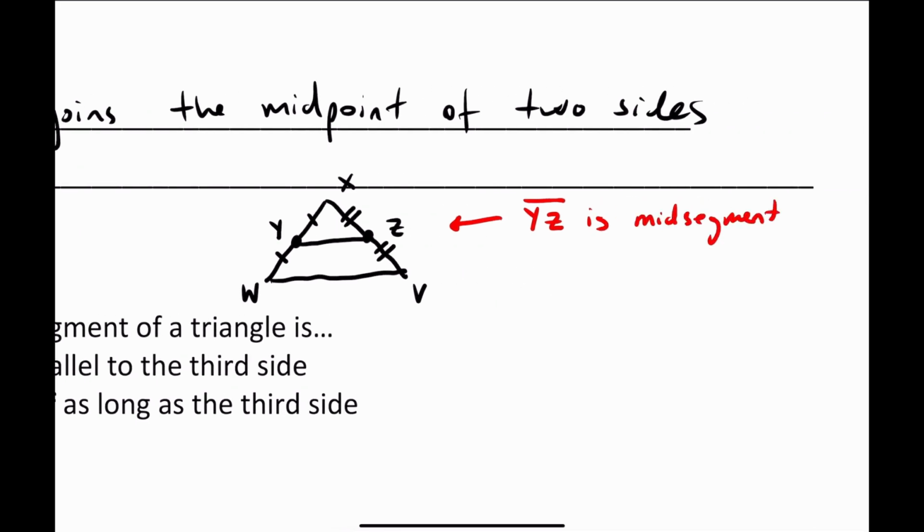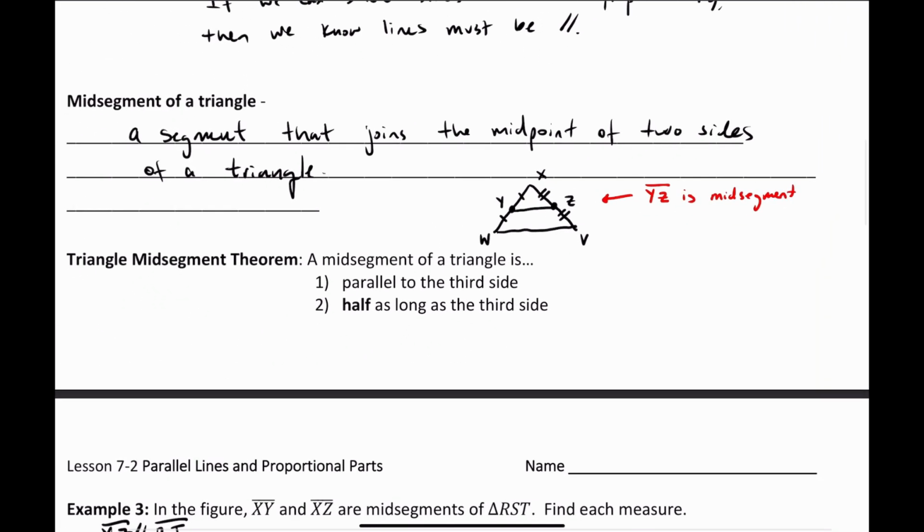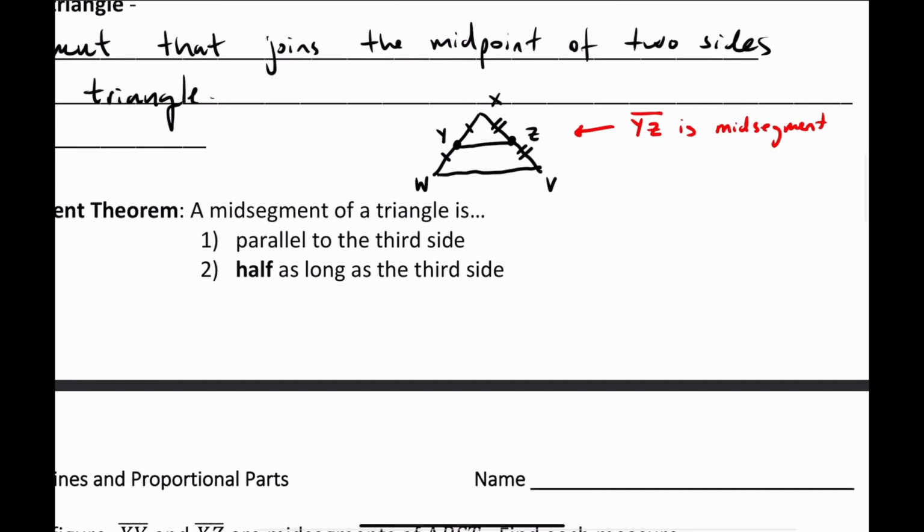Okay, so here's the triangle mid-segment theorem. A mid-segment of a triangle is parallel to the third side. Okay, so this is parallel to this third side, and that mid-segment is half as long as the third side. So again, this is parallel to this.